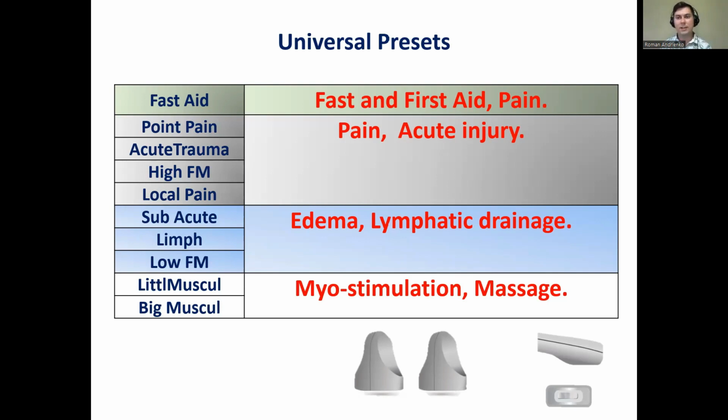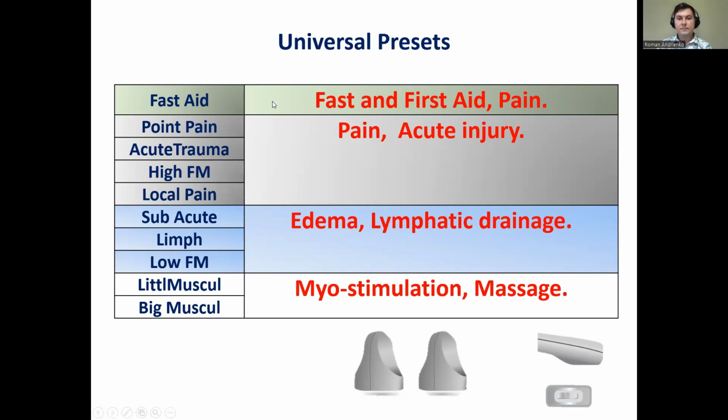This is totally fine because sometimes the presets may work wonderfully in both, let's say, biostimulation and analgesia or pain relief. So first, we'll talk about the universal presets, the presets that are okay to be used in different types of therapy and for different purposes.